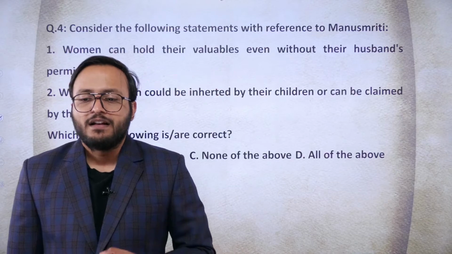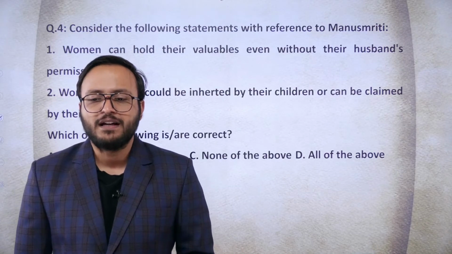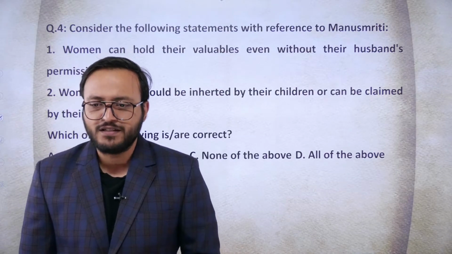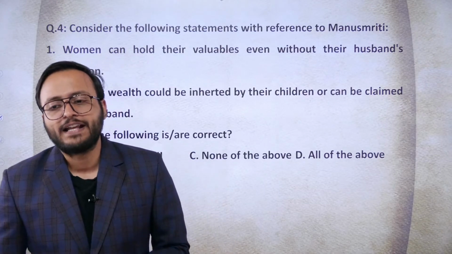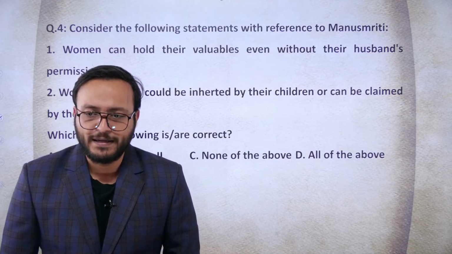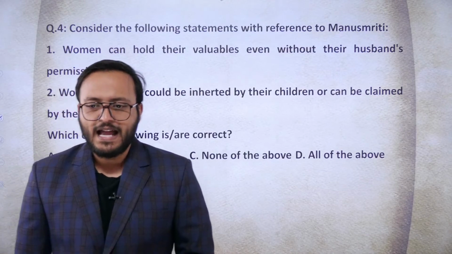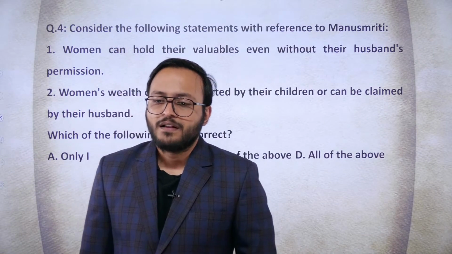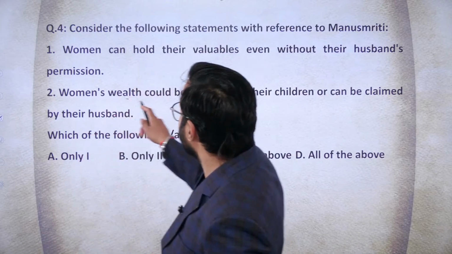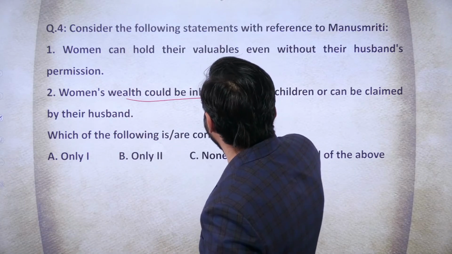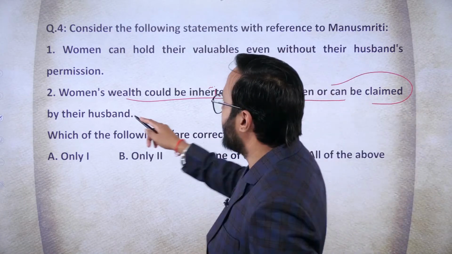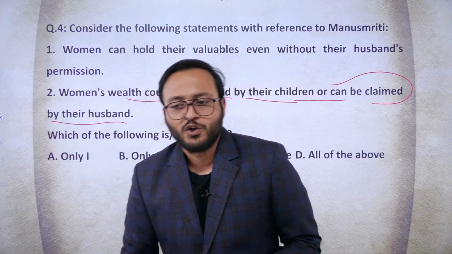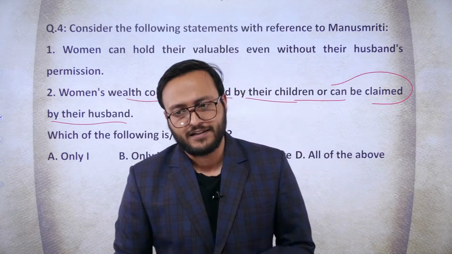Now, next question. Consider the following statements with reference to the Manusmriti. Alright. Women can hold their valuables even without their husband's permission, and the women's wealth could be inherited by their children or can be claimed by their husband. Which of the following are correct?